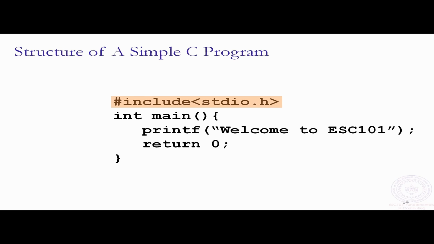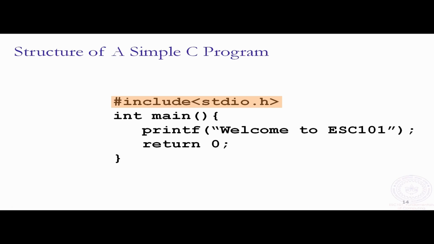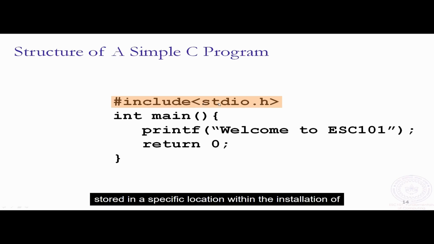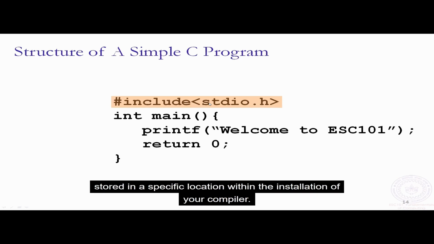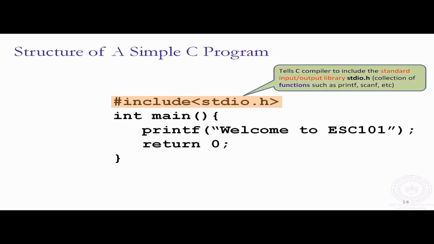So in this case, we have a .h file. And a .h file has a special meaning for the C compiler. It realizes that these files are stored in a specific location within the installation of your compiler, and it contains pre-existing functions.